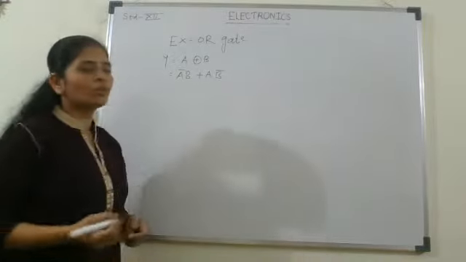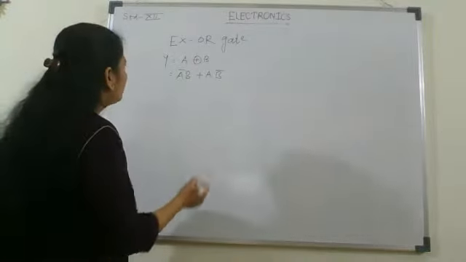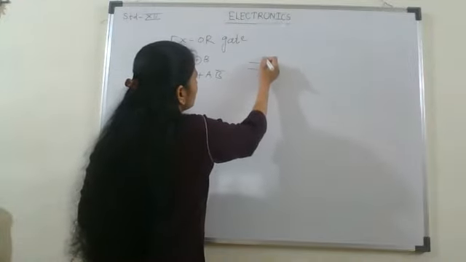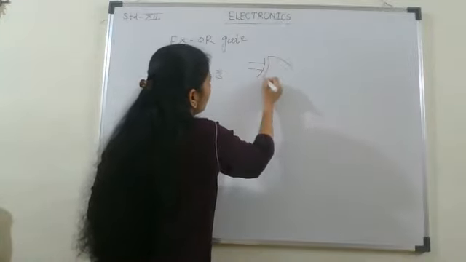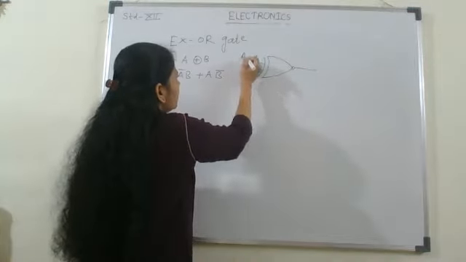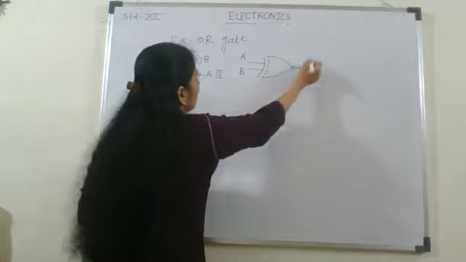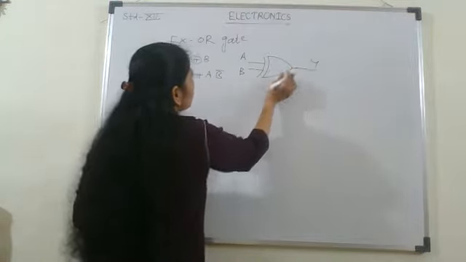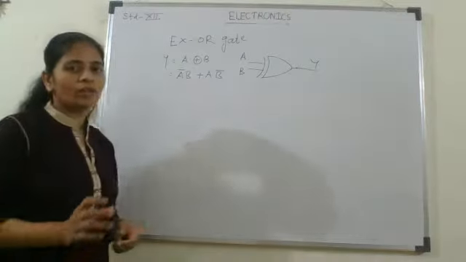This is the equation of the XOR gate, and we know the symbol of the XOR gate. It has inputs A, B and output Y. So this is the symbol of the XOR gate and this is the equation of the XOR gate.